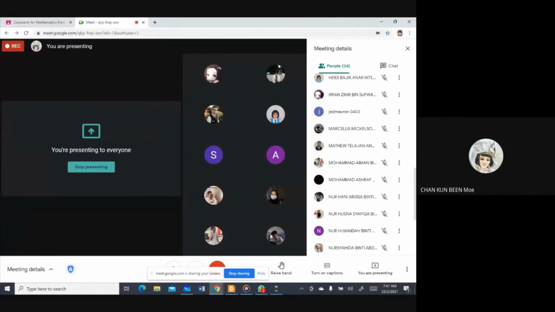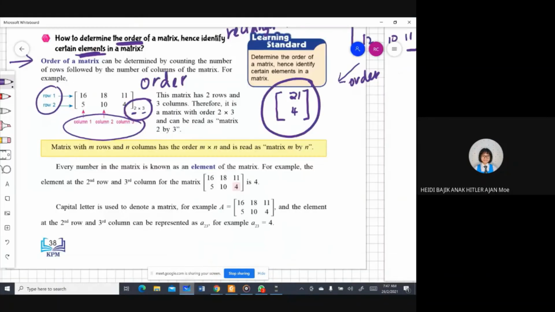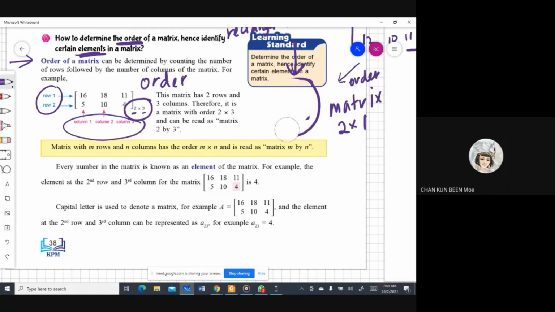I don't quite understand, madam. Okay, to name the order of the matrix, you remember we have to state the number of rows first, followed by the number of columns. So if we have 2 rows, meaning that this is matrix 2 by 1 column. Okay, Hedy?